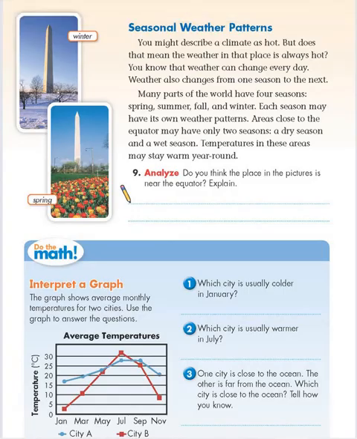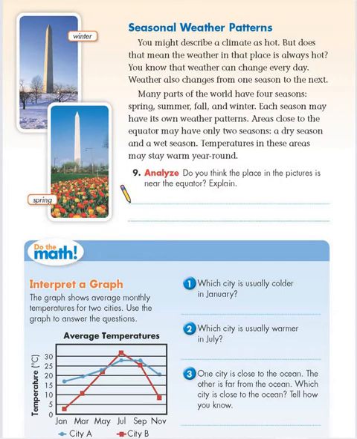Then, seasonal weather patterns. How can the change in seasons change the weather? We have 4 seasons: spring, summer, autumn or fall, and winter. Some countries that are found on the equator just have 2 seasons: rainy season and dry season.